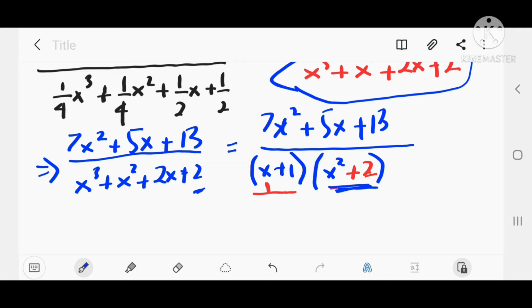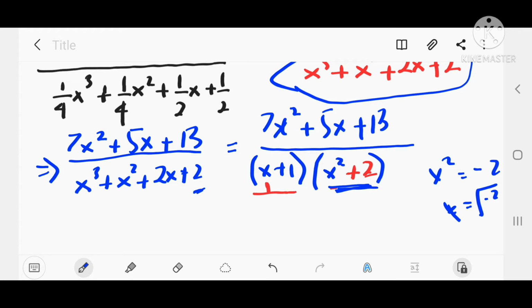That is because if x squared equals -2, finding the square root of -2 to get our x will give us i.